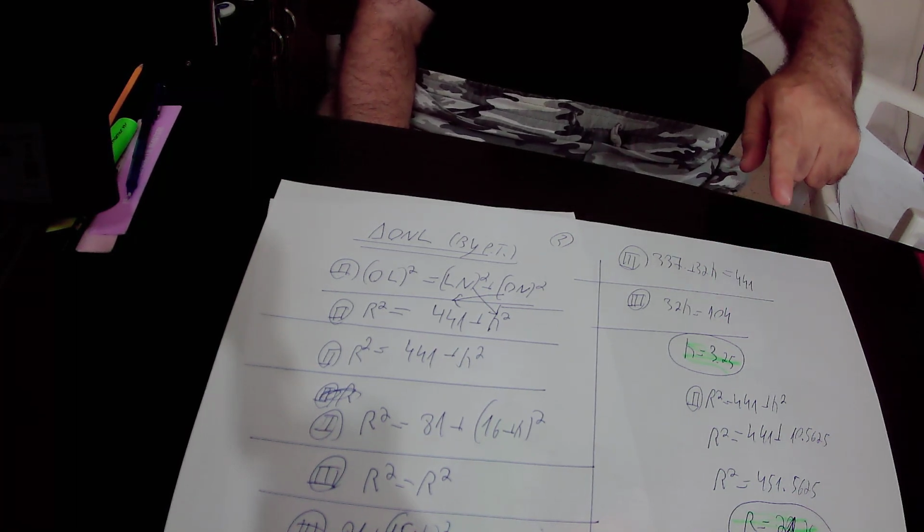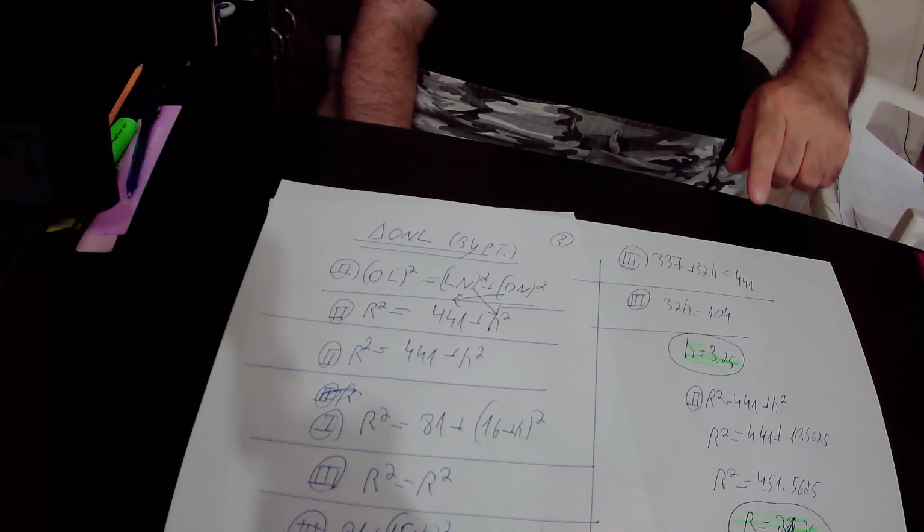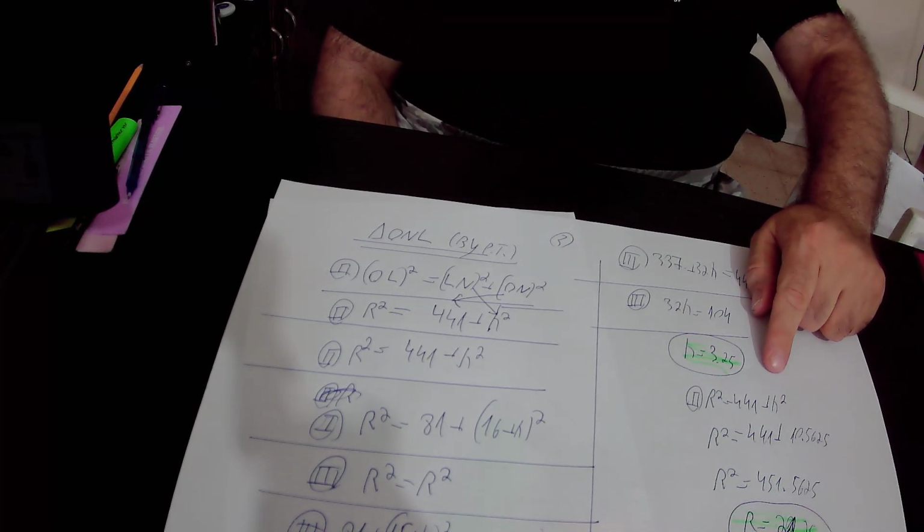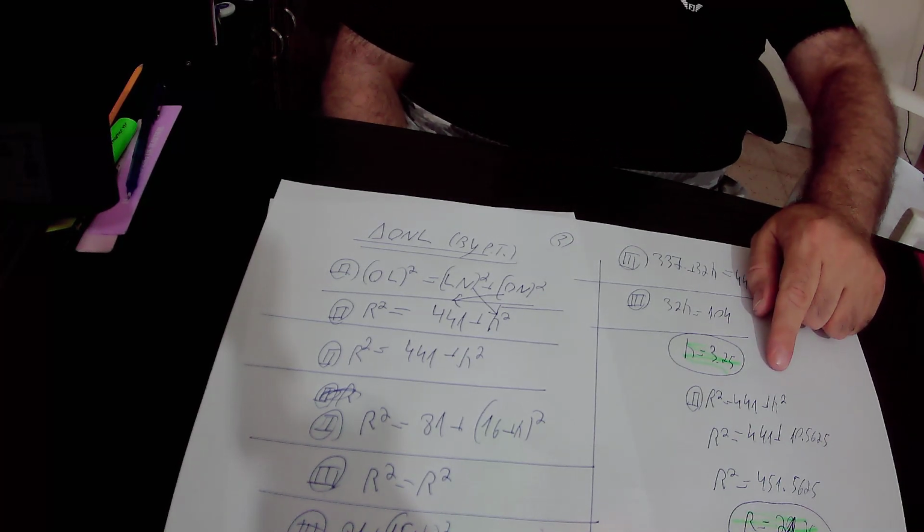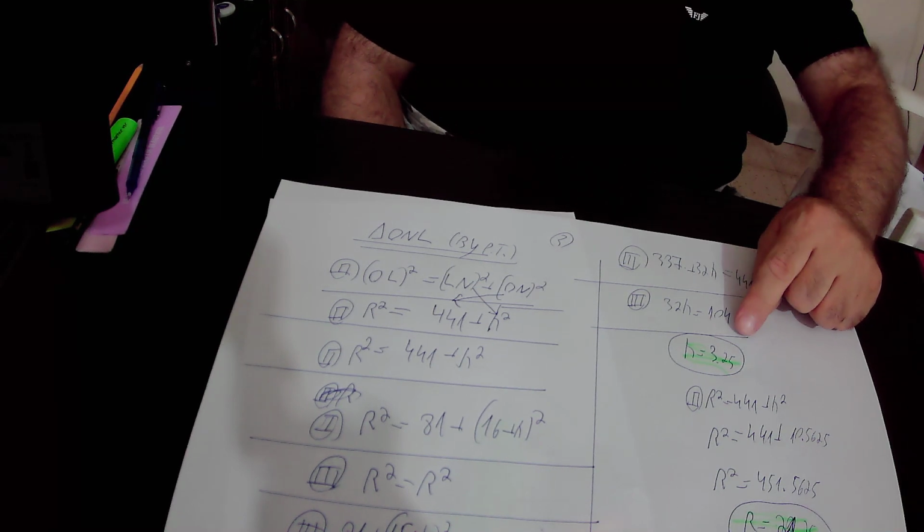Then we put the value of H into equation number 2. According to equation number 2, R square equals 441 plus H square. So we substituted H by 3.25.